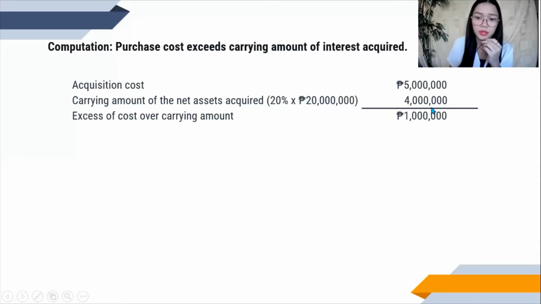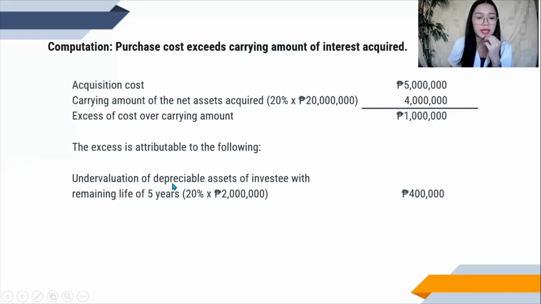So saan attributable yung excess na 1 million? Kanina meron tayong na-encounter na isang depreciable asset ni investee na yung fair value niya is mas mataas doon ng 2 million compared to its carrying amount. So ita-times natin yung 2 million times 20% nung ating share.